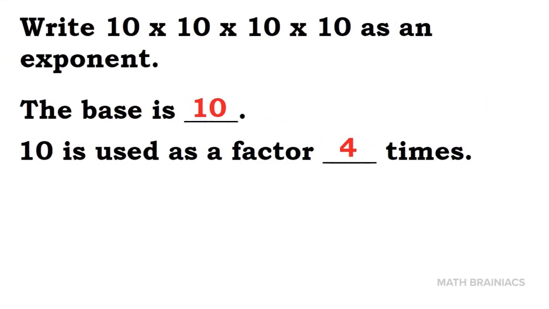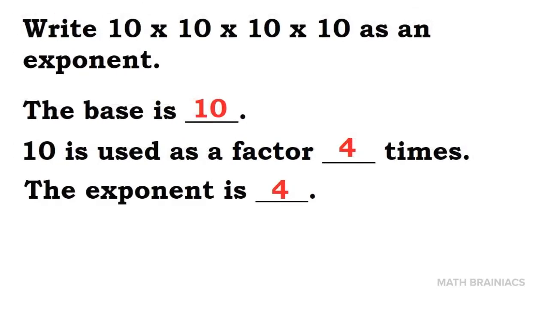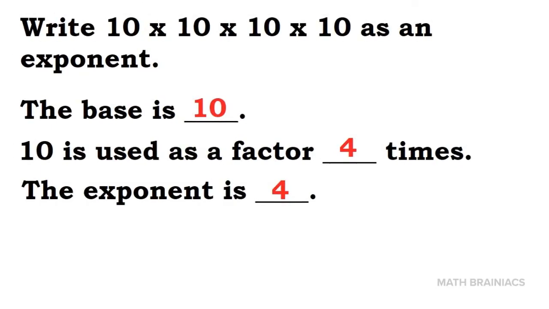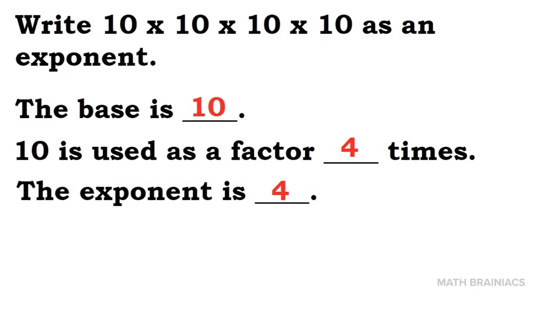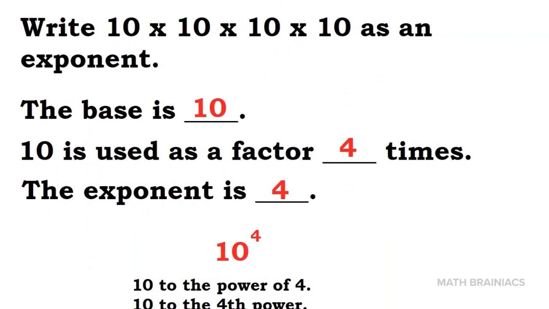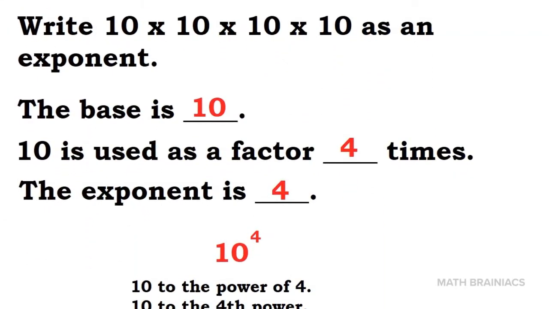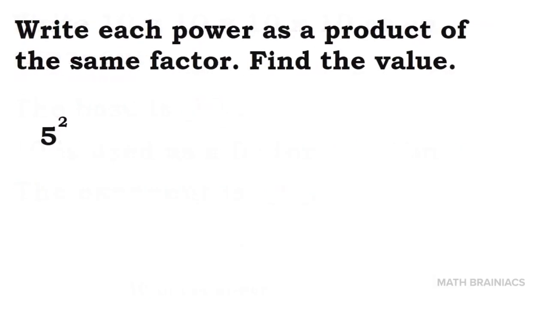You can quickly spot that 10 is used as a factor 4 times. Therefore, you can identify that the exponent is 4 because you use 10 as a factor 4 times. Therefore, we can come up to 10 to the power of 4 or 10 to the exponent of 4.